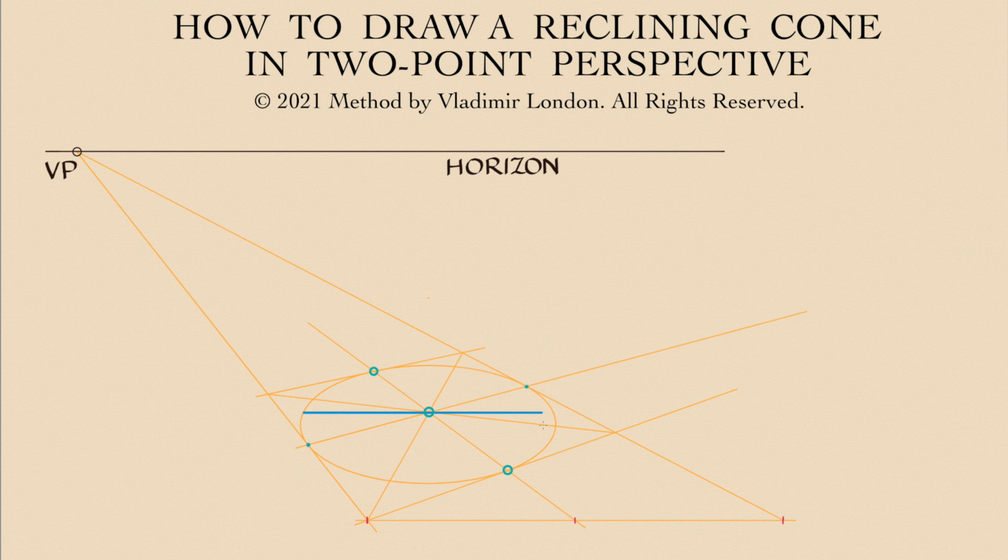I will now use the oval's diameter marked here in blue as a measuring stick. Through the middle of this line goes the axis of cone symmetry. This line points into the vanishing point on the right-hand side. The cone's base axis is perpendicular to that line.